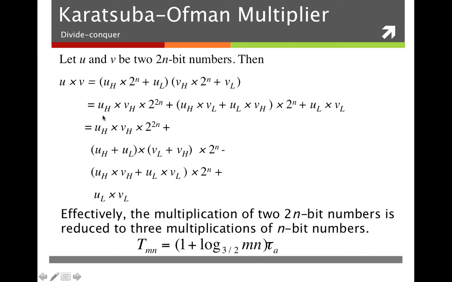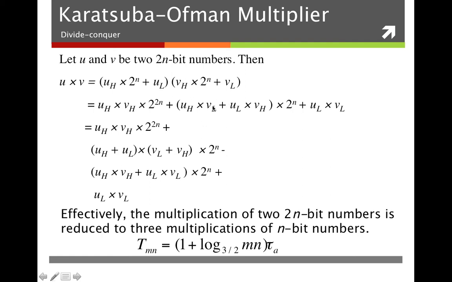So here is a product of two n-bit numbers, a product of two n-bit numbers, a product of two n-bit numbers, and another product. So a product of two 2n-bit numbers has been reduced to 4 products of n-bit numbers, and that is the recursion, or that's a divide and conquer idea. So if you were to write this as some time function, you will be writing T(2n) equals 4T(n) plus whatever time it takes to add these things, which will probably be, if you do this sequentially, order n, or if you do it by Brent and Kung, it will be order log n.